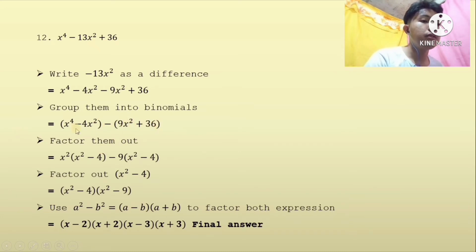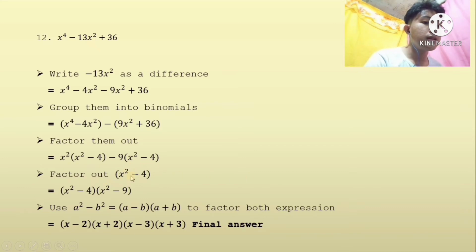So then factor them out. The factor of x raised to 4 minus 4x squared is x squared times x squared minus 4. Then the factor of 9x squared plus 36 is negative 9 times x squared minus 4. So then factor out x squared minus 4 from the expression.